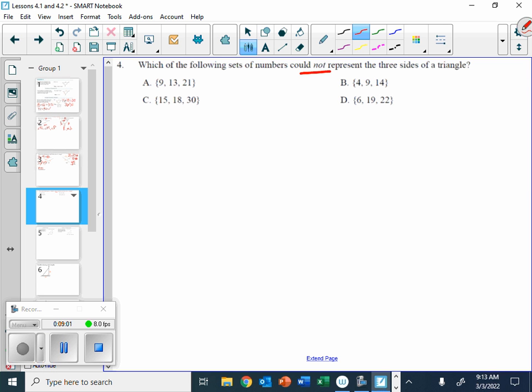Alright, which one fails? B. Good. 4 plus 9 is 13. 13 is not greater than 14. Answer choice B fails. Good. That's it for triangle inequality here. Are there any questions?